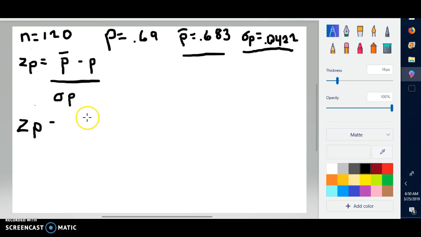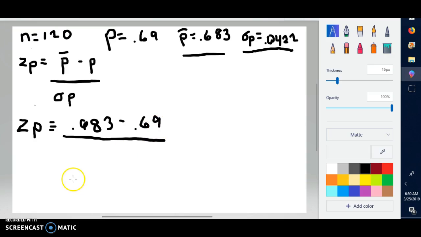And the sample proportion is 0.683. And P is 0.69. And the standard error of the proportion is 0.0422.